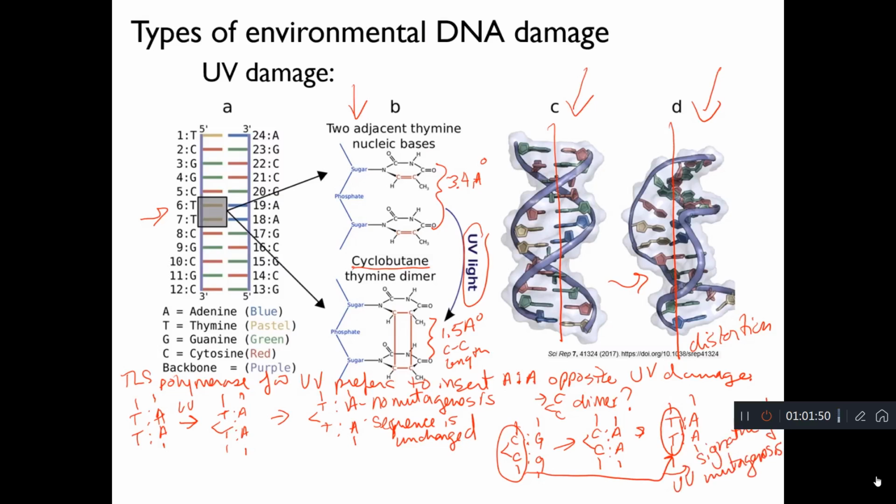So if I was to sequence my genome, and in particular the genome of, say, one of my skin cells, and I looked at a particular gene, and I know what the wild type sequence is in the gene, and then I see that there's some positions in the wild type sequence where there's C's, but in my skin cells they're T's, I can infer that the mutation arose because of UV exposure.